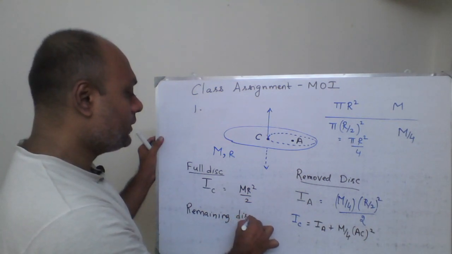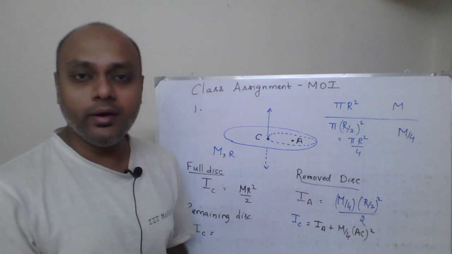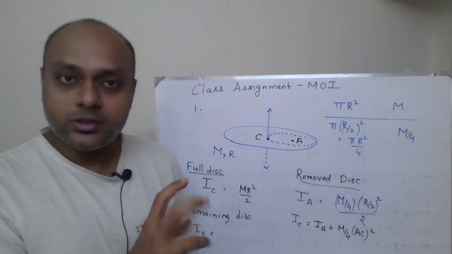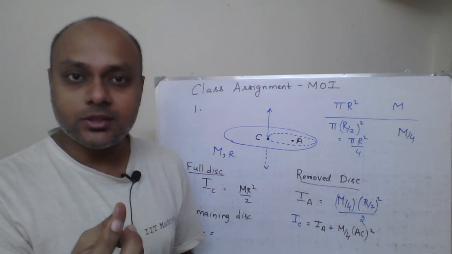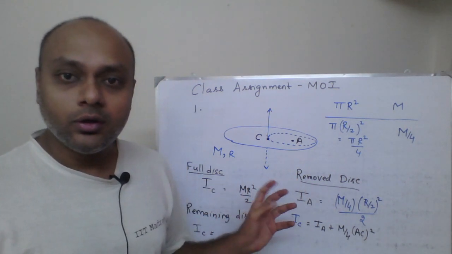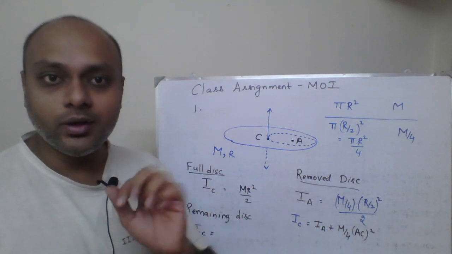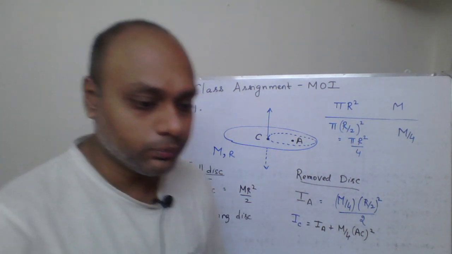So for the remaining disk, you find the moment of inertia by subtracting these two. You must be in a position to do the mathematics part on your own.